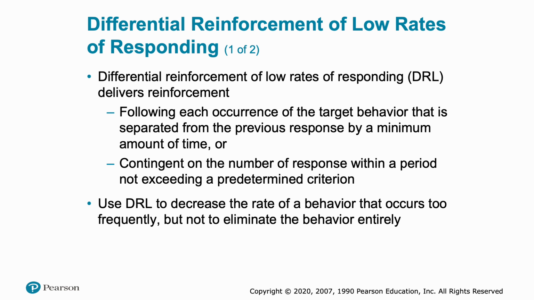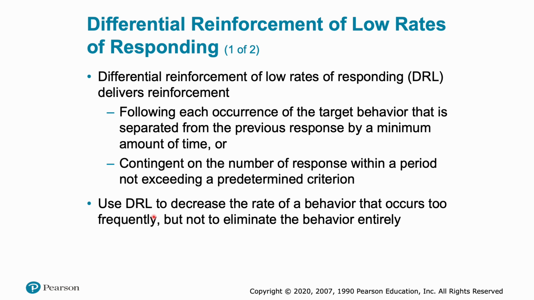Or alternatively, we could do the second option for DRL, which is where you collect baseline on how often a behavior is occurring during a specific observation period. So let's say in an hour, they engage in the behavior 60 times, okay? And I might say, okay, in order to deliver reinforcement, the behavior has to occur 55 times or less.